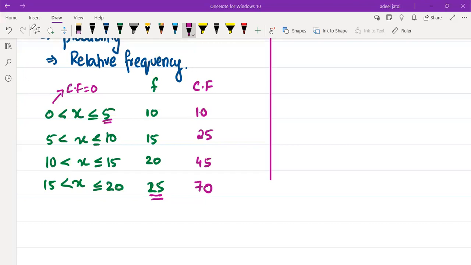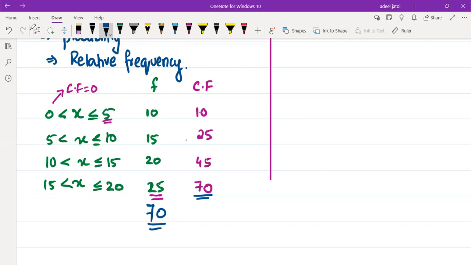So you need to remember that your cumulative frequency will be the sum of the frequency. If you add 10, 15, 20, 25 all together, in the end you will have 70. But cumulative frequency is adding frequency after each class width.